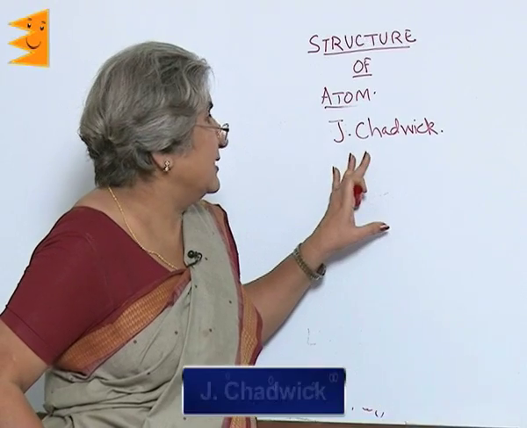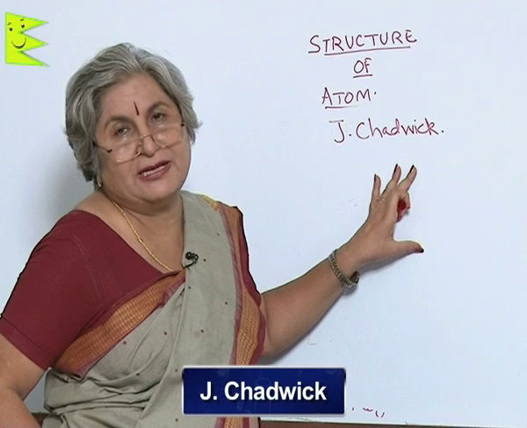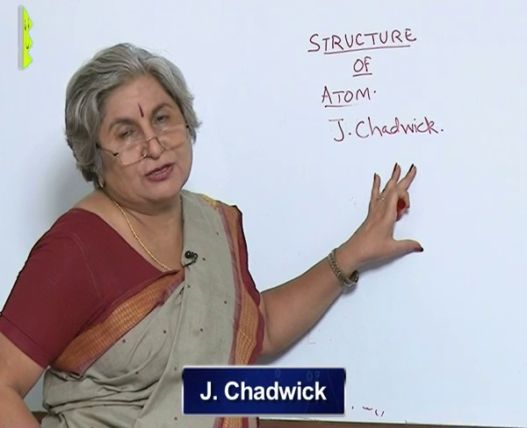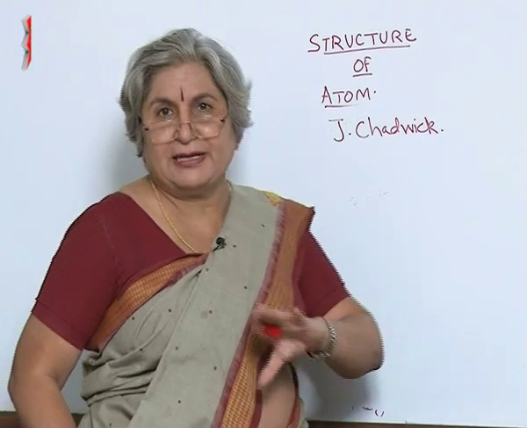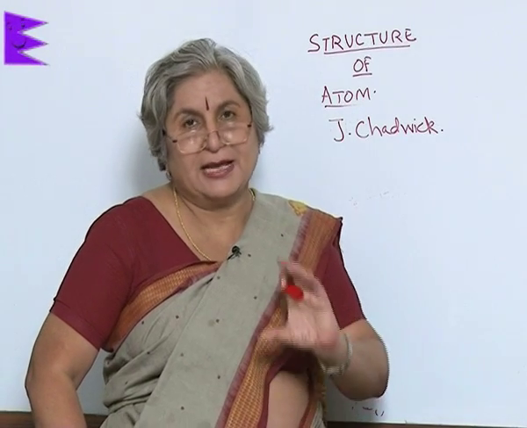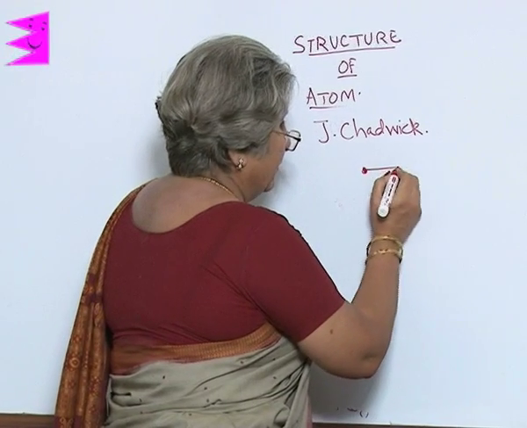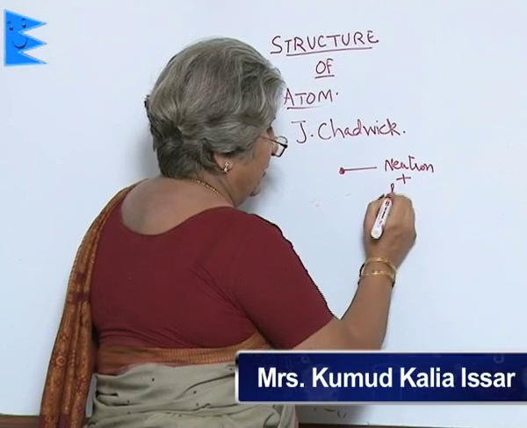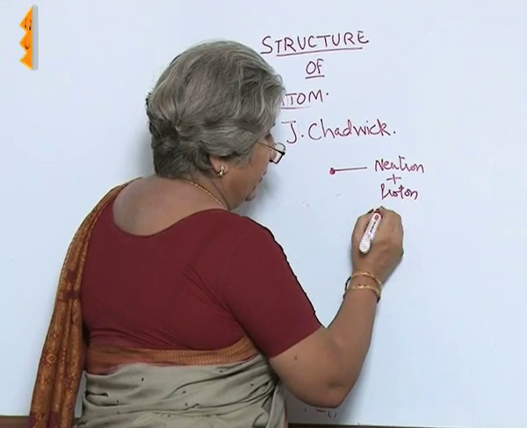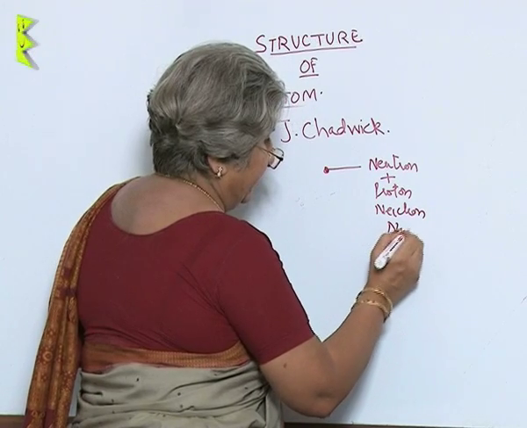It was the scientist J. Chadwick who said that, in addition to negatively and positively charged particles, there are also neutral particles. So, ultimately we have fully understood that in the center there is neutron plus proton, which is also called nucleon or nucleus.